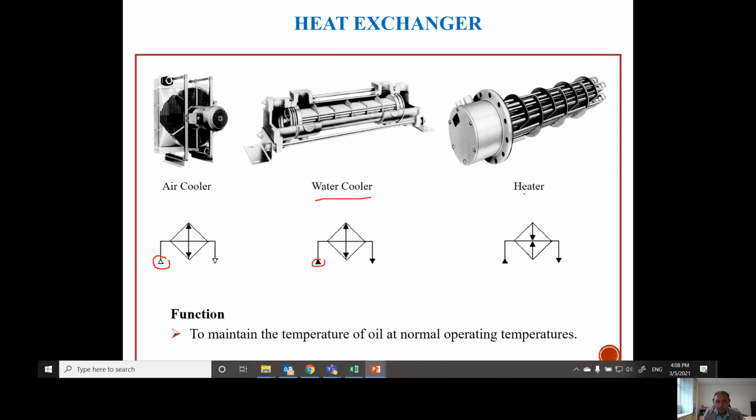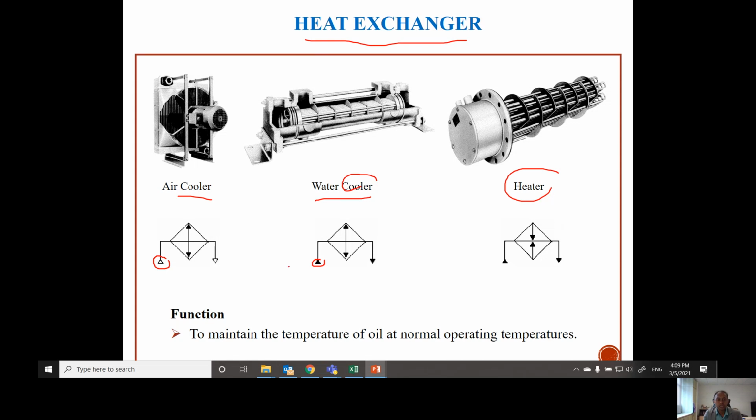And then for the heater, the symbol is the same as water cooler, but for the heater, the arrows are pointing towards each other, but for water cooler, the arrows are pointing away from each other. So that's how you can differentiate between the symbol of a cooler and a heater. But all of these we call under the category of heat exchanger. Either you want to increase the heat, which means heater, or if you want to reduce the heat, a cooler.